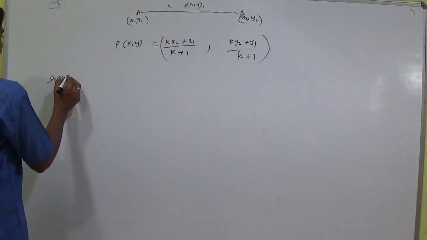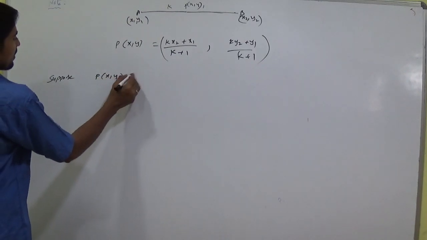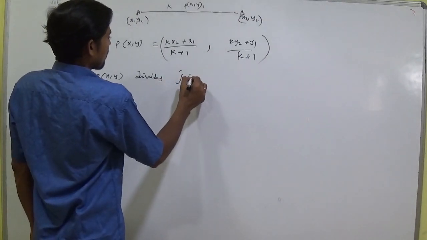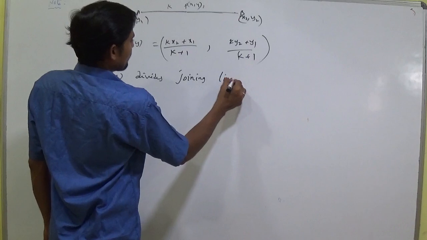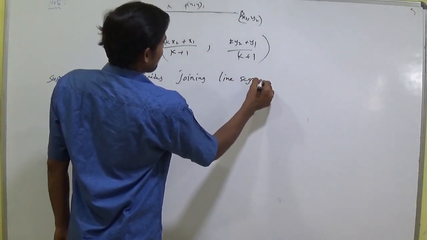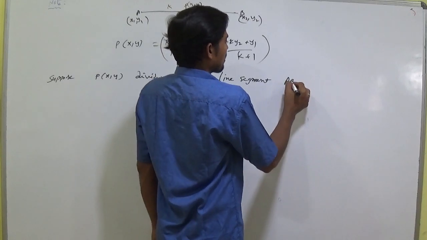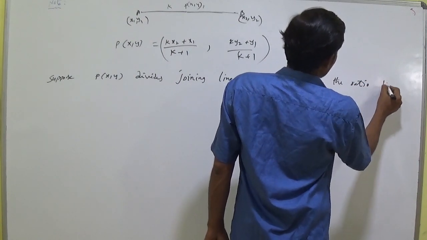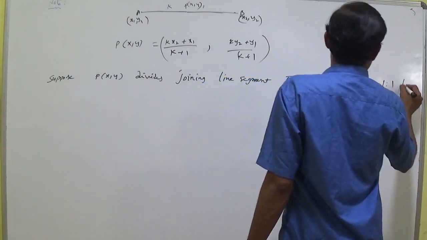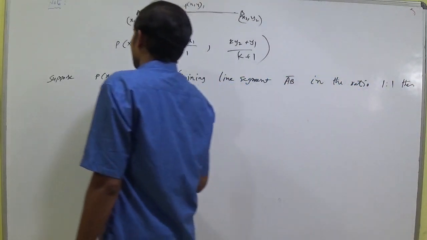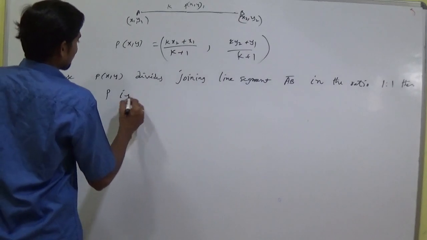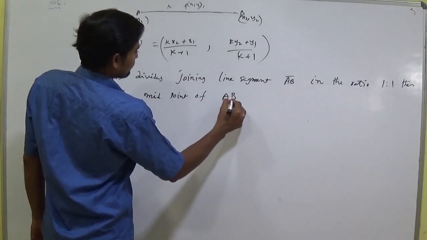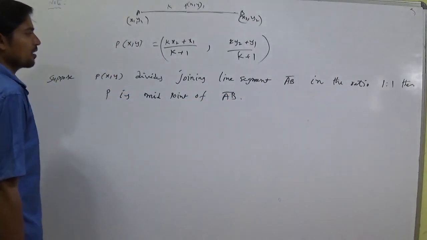Suppose P x comma y divides the line segment AB in the ratio 1:1. Then P is the midpoint of AB.